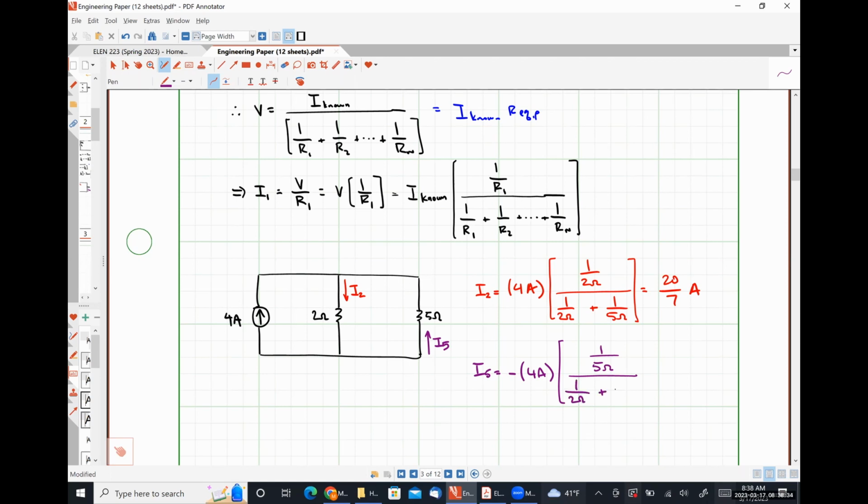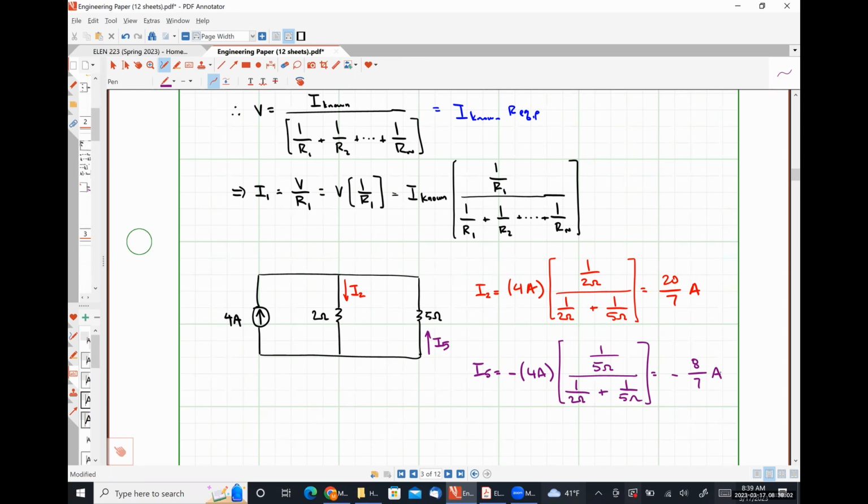One over 2 ohms plus 1 over 5 ohms. So that's going to be 2/7 times 4. So negative 8 over 7 amps, if my mental math is correct. All right. So this is a simple and straightforward application of current division.